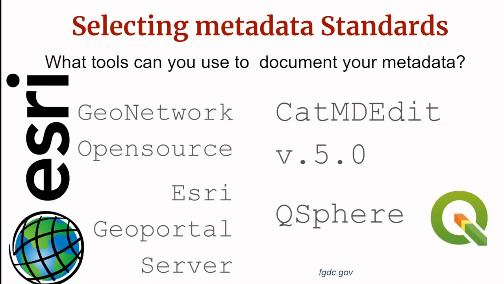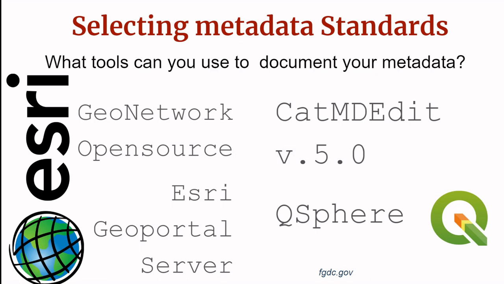So this is a very short lecture, and I want to end it by showing you examples of metadata standard tools that you can use. These are two tools, however one is coming from a commercial vendor and the other is coming from an open source vendor.